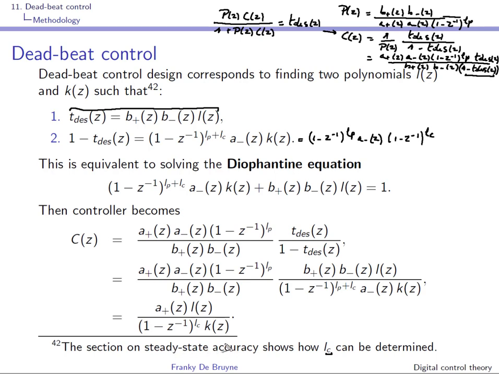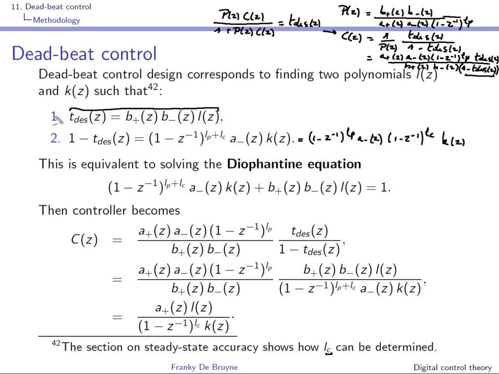What kind of reference signal you want to follow and what kind of disturbance you want to be able to reject, and then times some polynomial kz, right? And this is what you obtain.